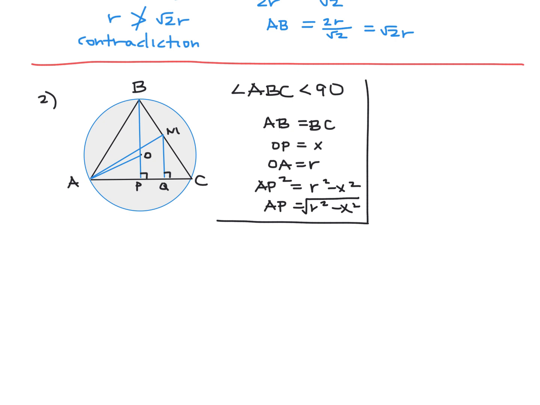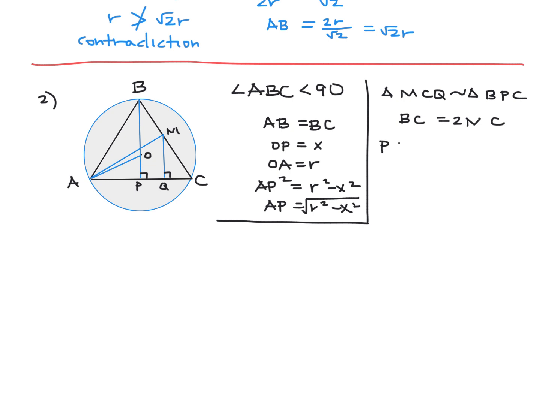And then we can also use the fact that we have similar triangles. That triangle MCQ is similar to triangle BPC. Okay, so we also know that BC is equal to 2MC, right? Because M is the midpoint.